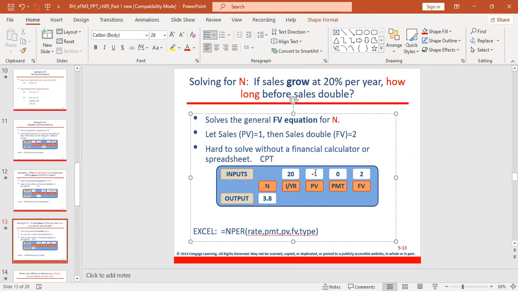Then you press 1, then you go to the plus minus button to indicate the minus, then you press present value. You can ignore this part. Then you press 2, then you press future value. Then you press CPT, then you press N, and it will give you 3.8. I wait for you to see whether you can get 3.8.